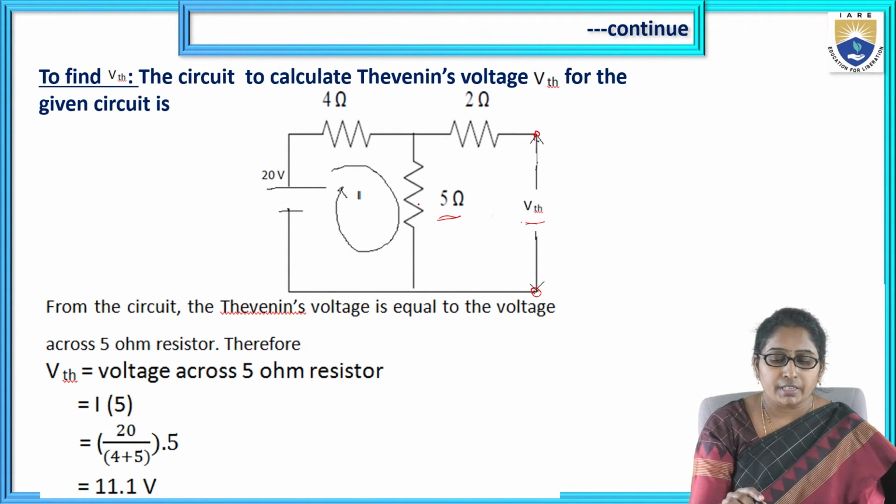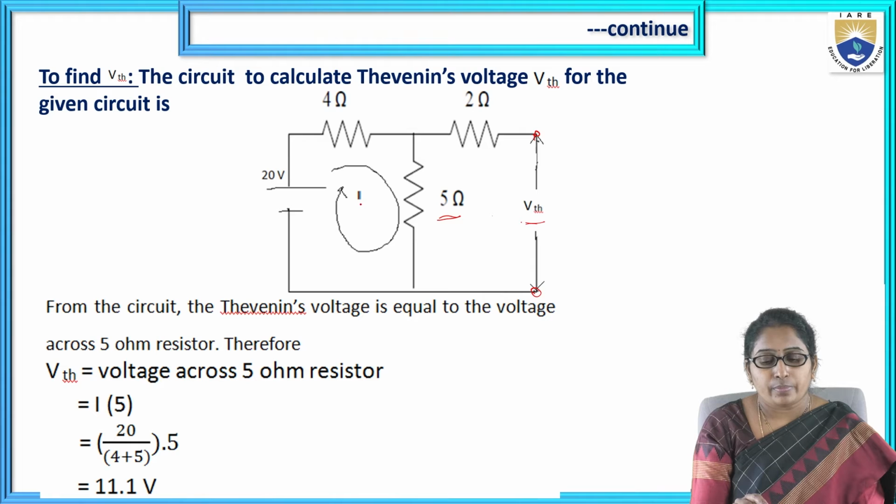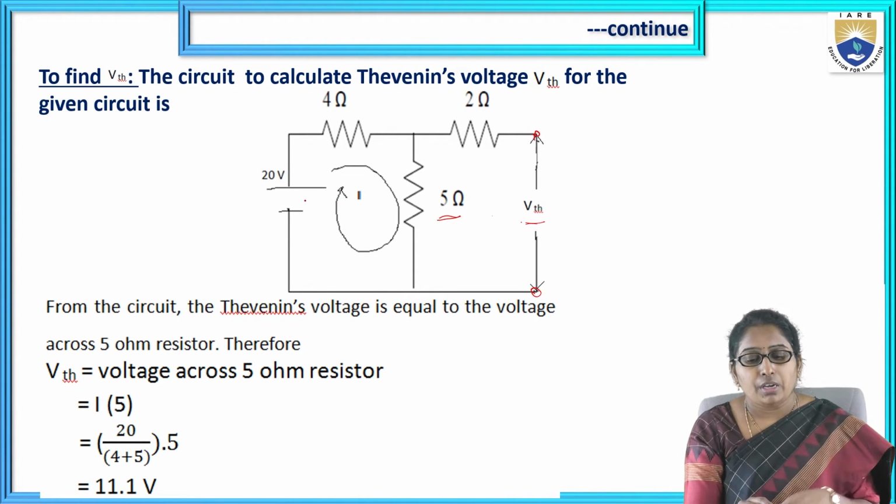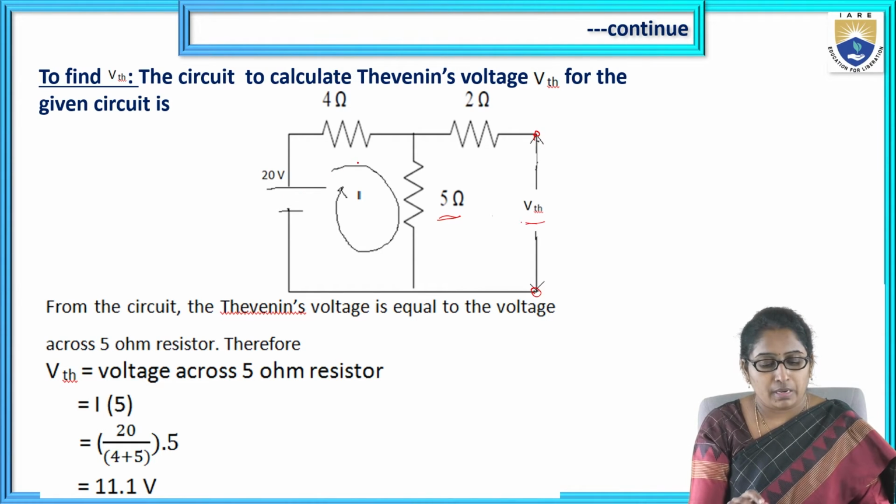How to find the current in the 5 ohm resistor? Assume a current I flowing in this single loop, and calculate that I. That is given by the KVL equation, 20 by 4 plus 5. That is what is shown here.